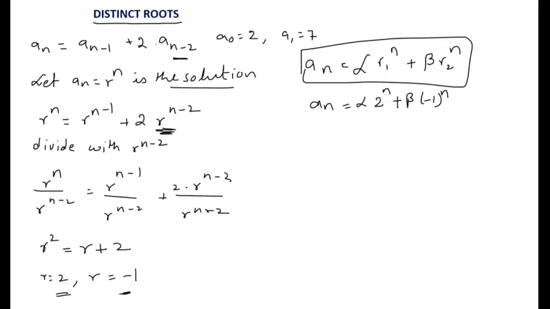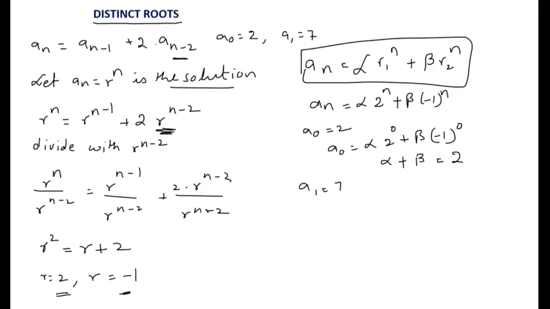Here we have two constants, alpha and beta. How to find them? In the given problem we have a_0 = 2, so substitute 0 in place of n. We get a_0 = alpha into 2^0 plus beta into (-1)^0. 2^0 is 1 and (-1)^0 is 1, so we get alpha plus beta equal to 2.